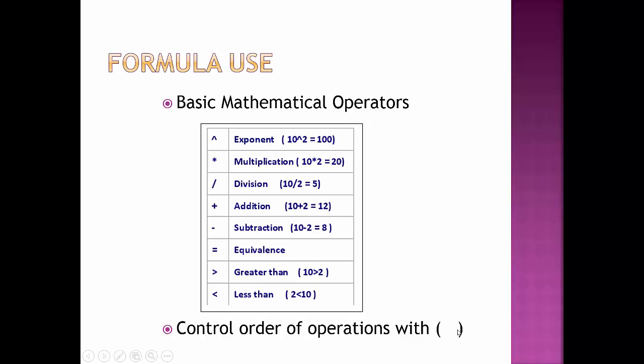And so if you want one operation to take place before another, you put it in parentheses, and then that's going to take place before the stuff that's outside of it takes place. And so I'm sure you remember the order of operations from your math classes in high school and college math, but that's how you can control that stuff. You basically use your parentheses, and then you've got your list of mathematical operators right there.